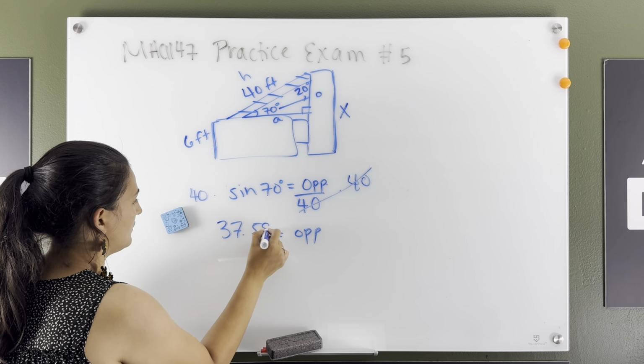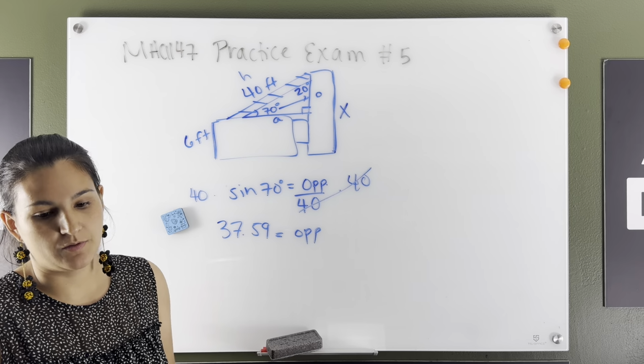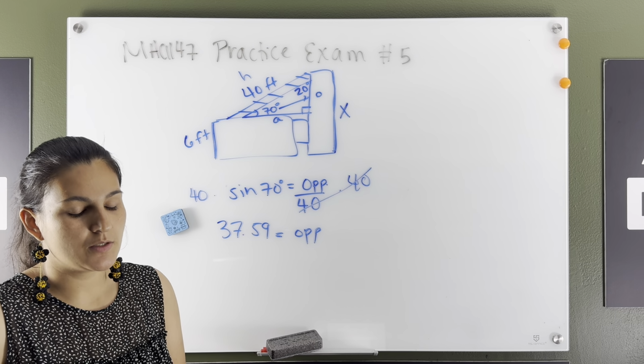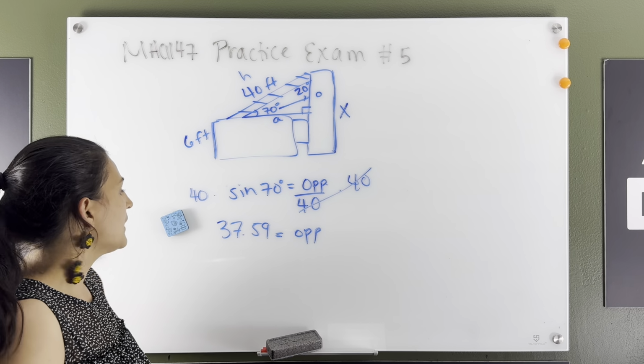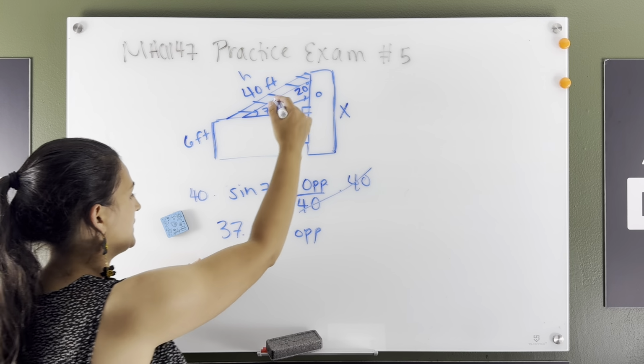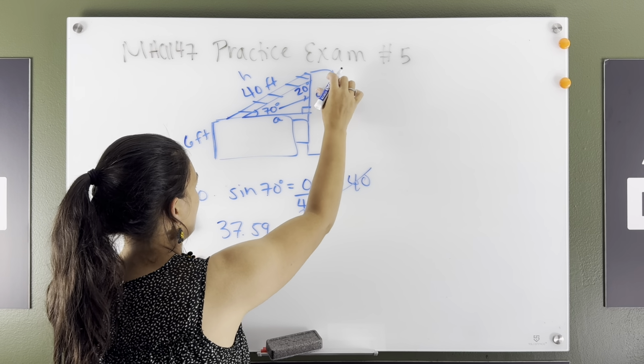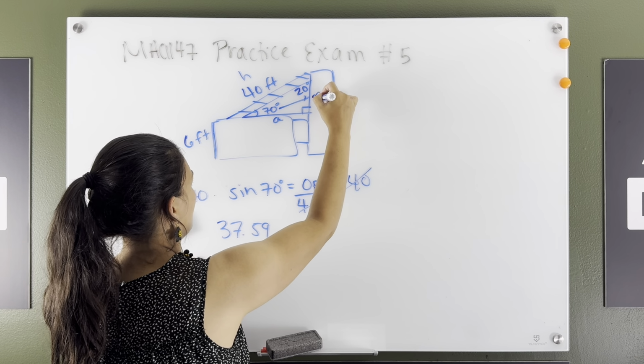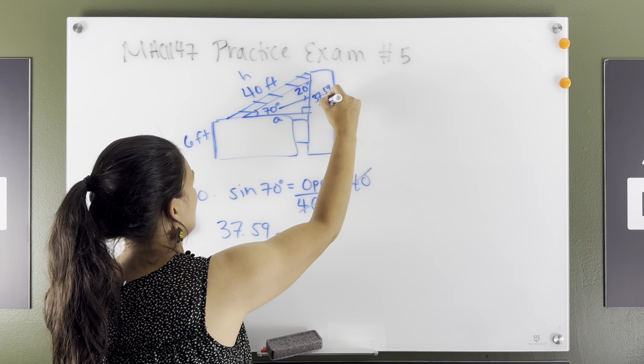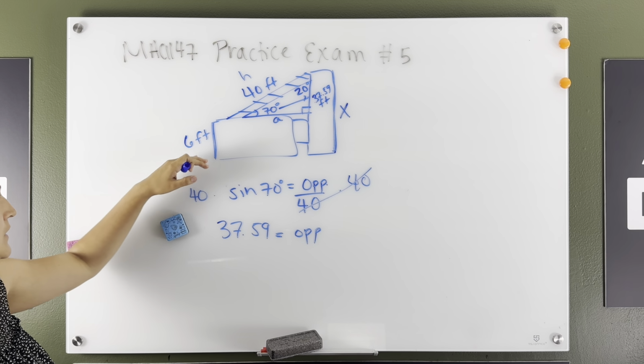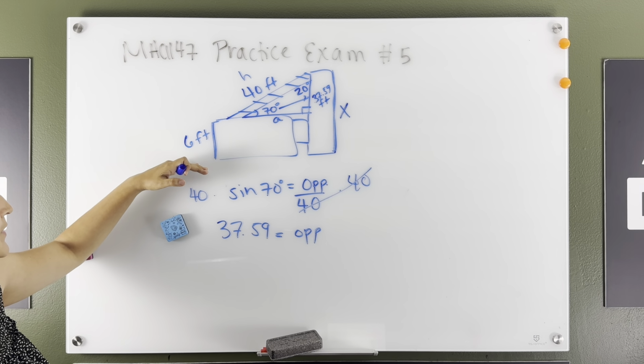You can check. I like to round to the hundreds place, even though the book likes the tenths place. So we're gonna stick to the hundreds place. Okay, so that means that this distance is, of course, it's not drawn to scale. This opposite is 37.59 feet. Okay, but don't forget the 6 feet that we need to add because the ladder started, of course, we're measuring from the ground to the top of the building where the ladder touches.